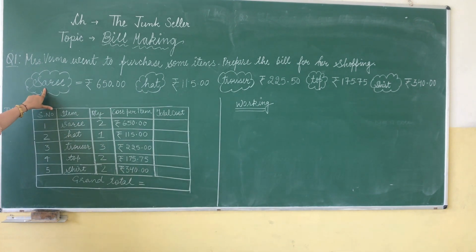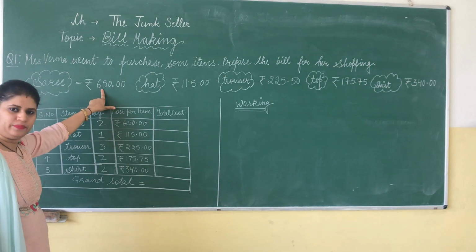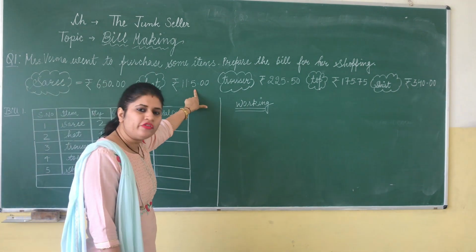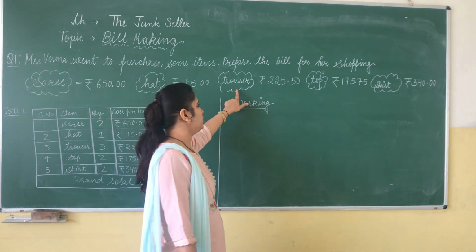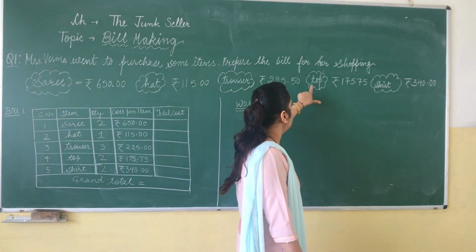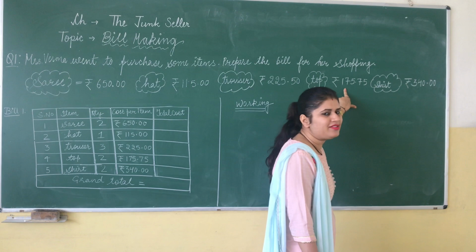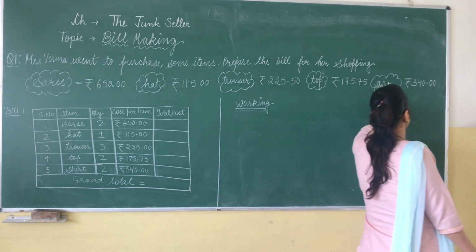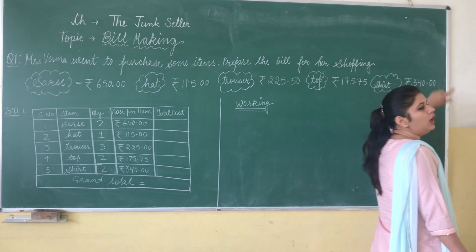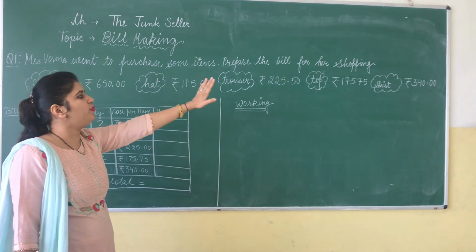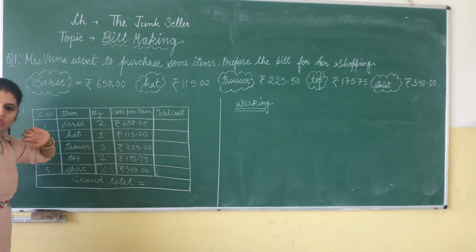She has purchased a sari of rupees 650, a hat of rupees 115, a trouser of rupees 225 and 50 paise, a top of rupees 175 and 75 paise, and a shirt of rupees 340 0 paise. So you have to prepare the bill of her shopping.